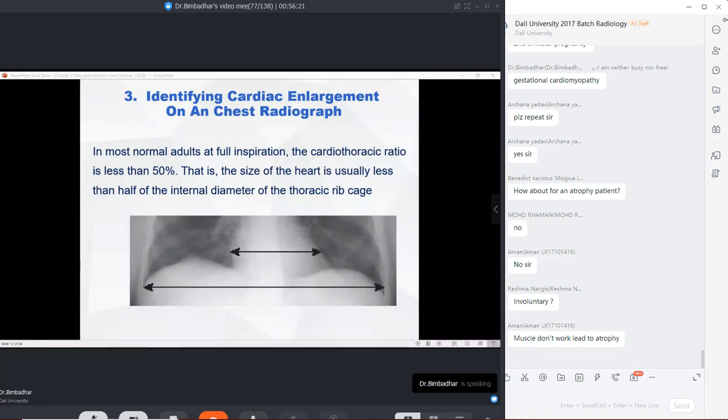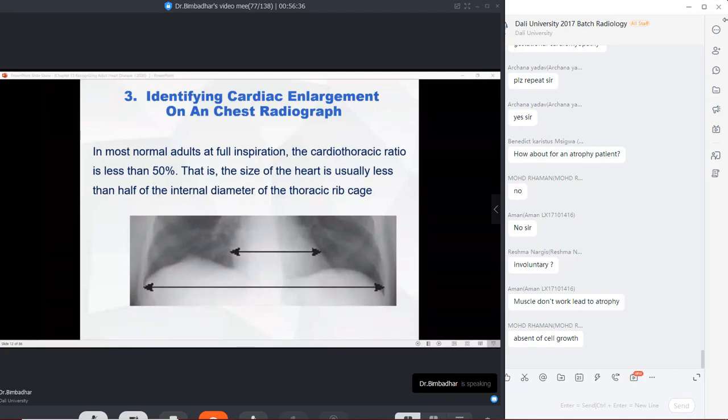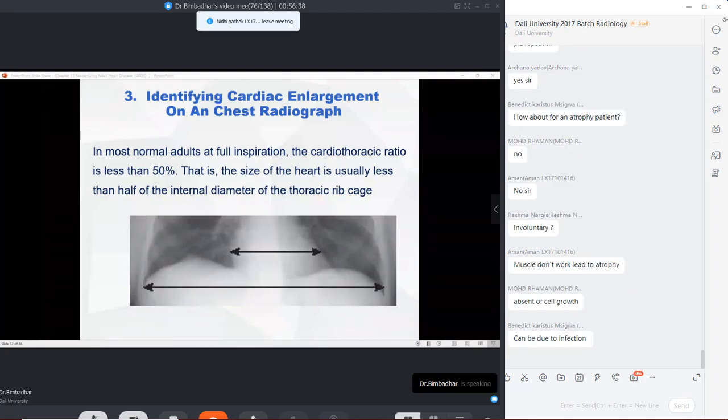Okay, the main common reason for atrophy is the misuse of the organs.